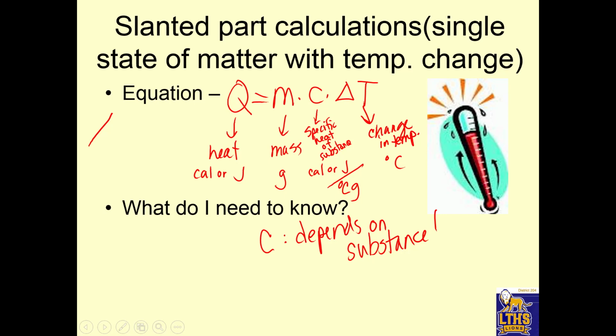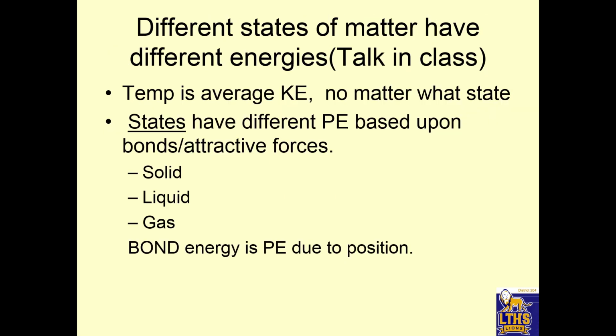So you need to know a lot of stuff. All right, so different states of matter have different energies. We talk about that. Temperature is average kinetic energy, no matter what state it's in. And states have different potential energy based on their bonds or attractive forces. So usually solids have the lowest potential because their particles are close together, right?